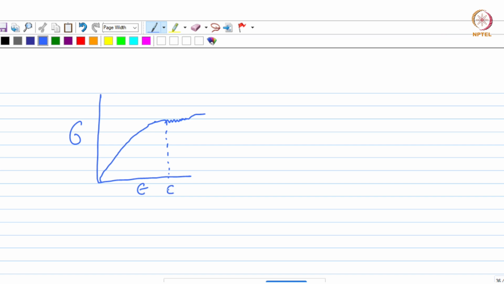This is the critical strain, which we can denote as epsilon C. And characteristic number 6 also talks about how it varies with temperature and strain rate.